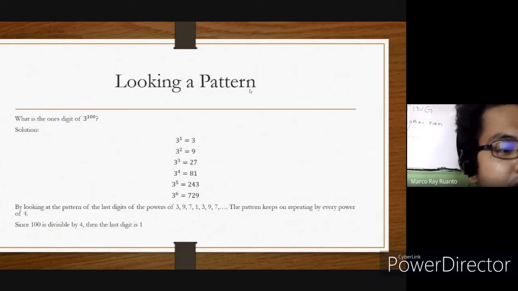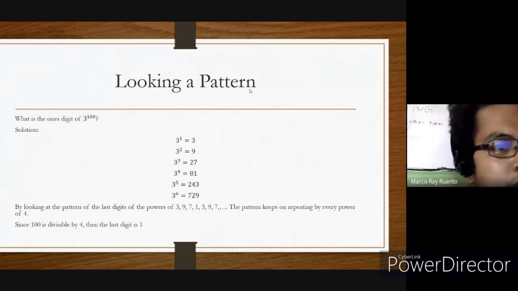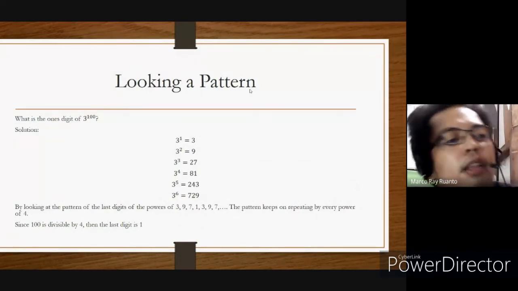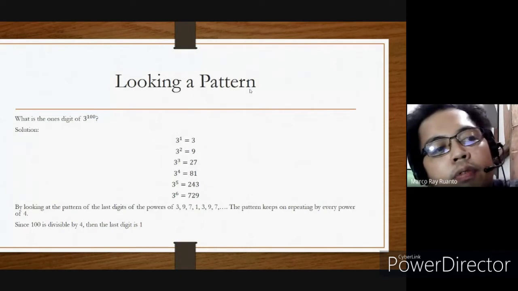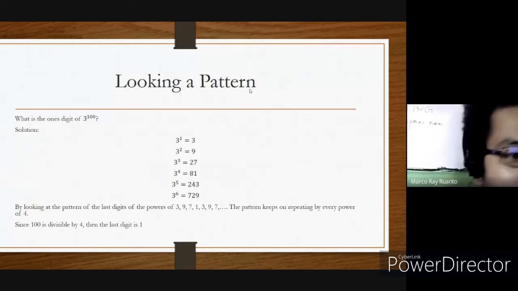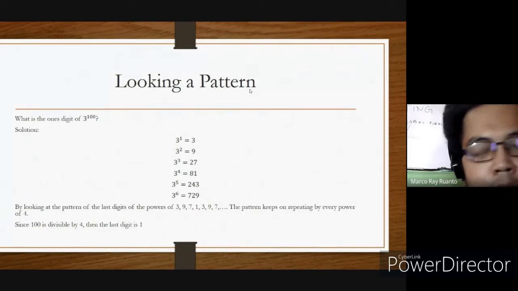This kind of problem, class, you cannot solve using a calculator, since the calculator will just give you a scientific notation, not the exact number, because the number is very long. But based on the pattern that we have, we can assure that the ones digit of 3 to the power of 100 is really 1. So that's how we use looking for a pattern here.